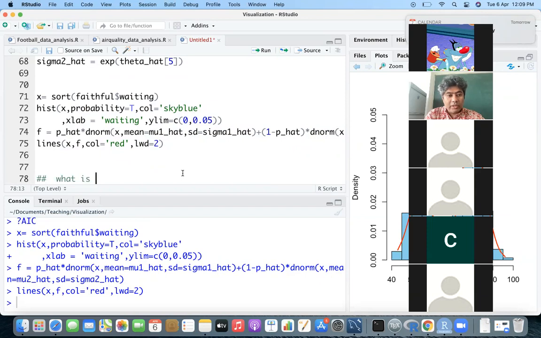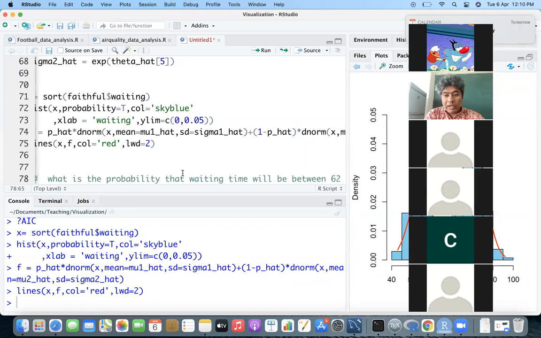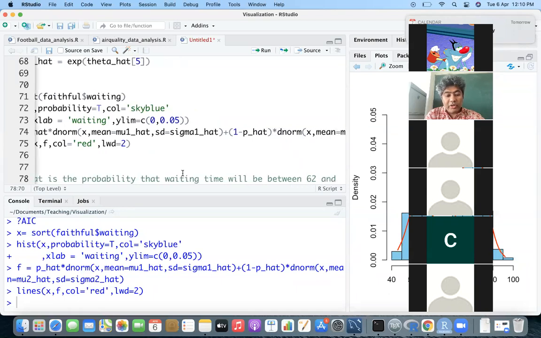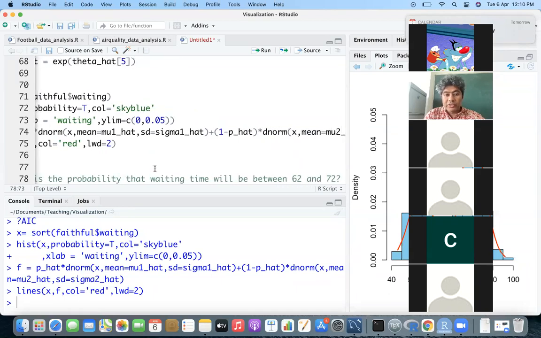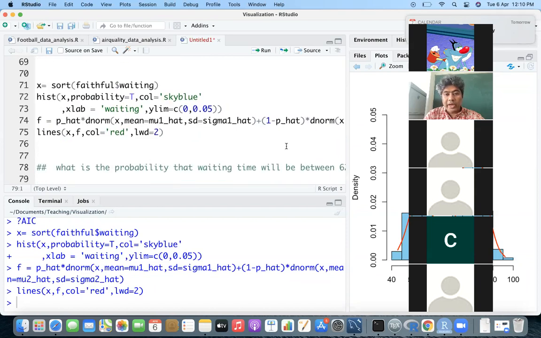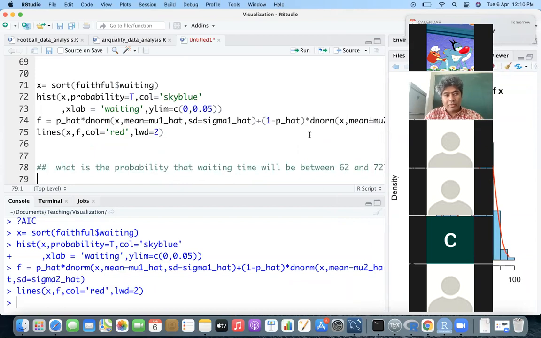What is the probability that the waiting time will be between 62 and 72? Suppose this is the question that I want to address. So how can I address this? Now I have fitted the model.